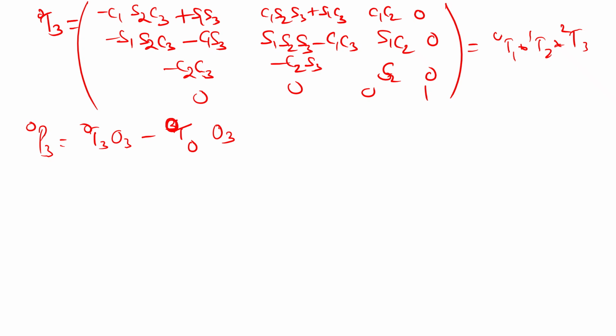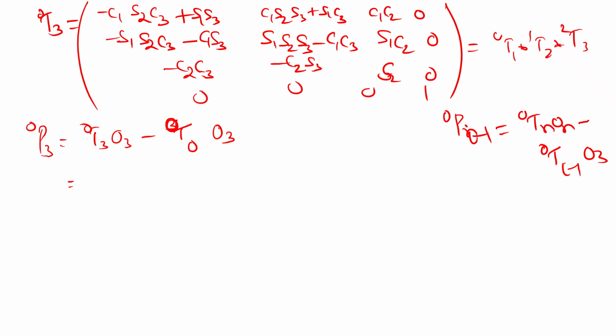Better let me write the formula. So here P(i-1)0 equals Tn0 On minus T(i-1)0 O3. So this is the formula. So let me substitute here. In this, i is 1, so 0. So T30 into O3, this is my T3.